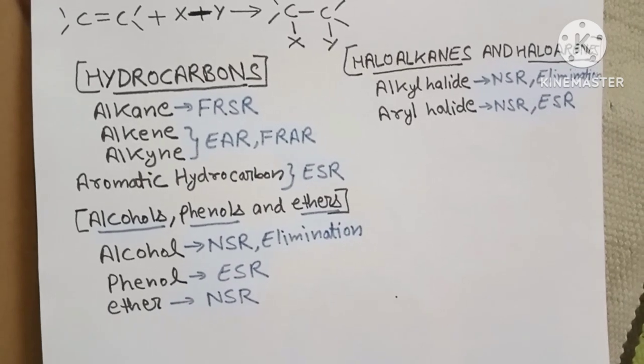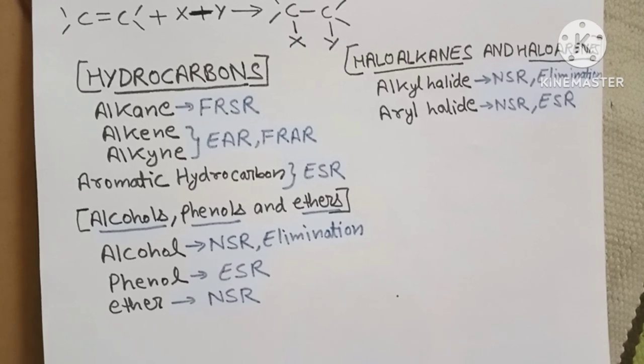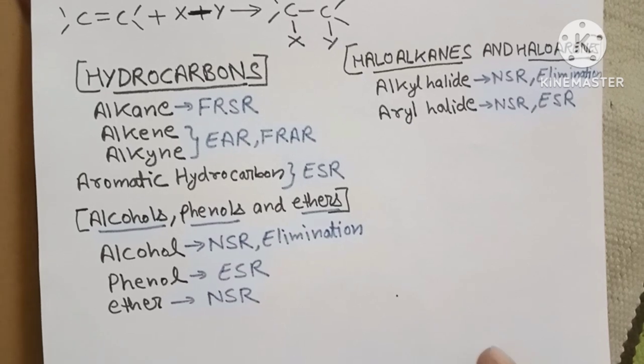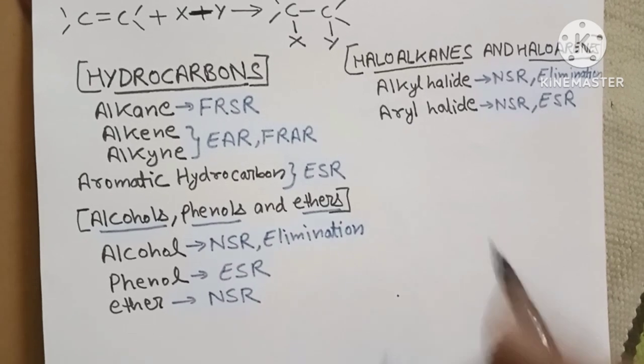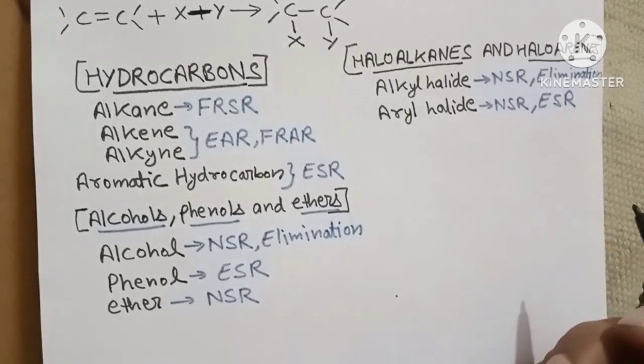So we have seen there is hydrocarbons, haloalkanes and haloarenes, and at the last alcohol, phenol, ethers. Now next one is the syllabus which is aldehydes, ketones and carboxylic acid.